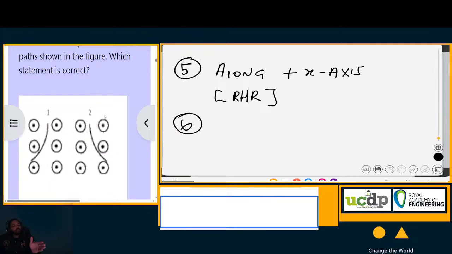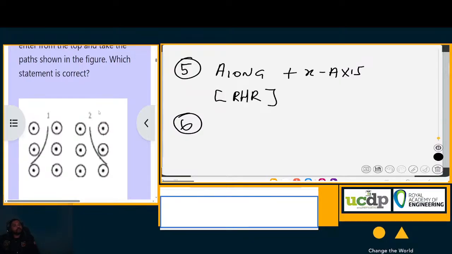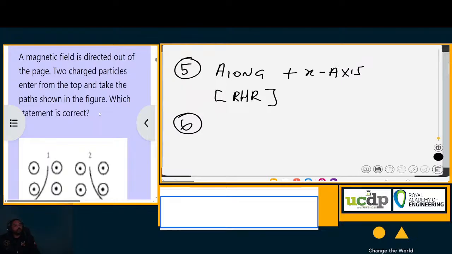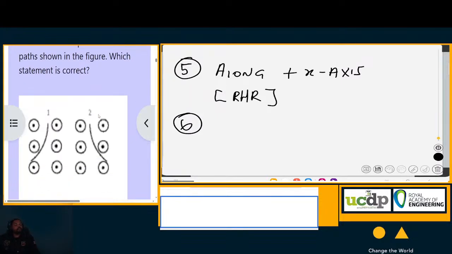So the particle is moving downward, which means its velocity is downward, correct? Now the direction of the force, they tell us the magnetic field is directed out of the page. So the direction of the magnetic field would be in the direction of your palm.